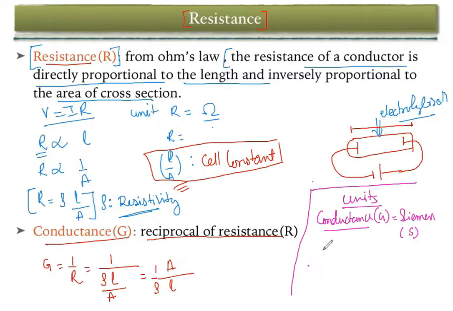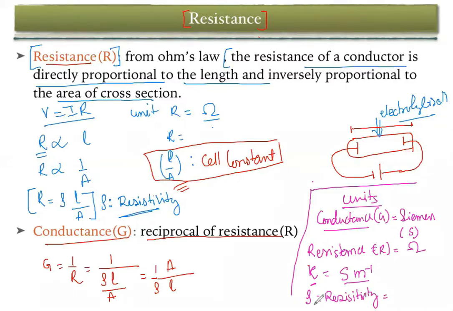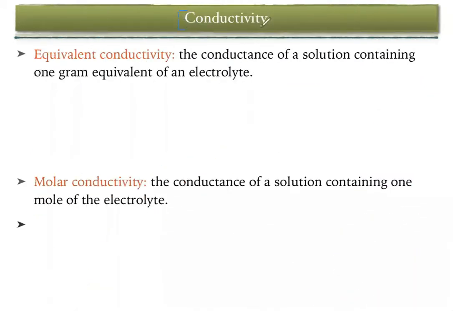K stands for conductivity, and the conductivity unit is Siemens per meter. Resistivity, rho: what is the unit of rho? Its unit is ohm meter. So you have to remember the units of all these quantities and the formulas for resistance, conductance, resistivity, and cell constant.